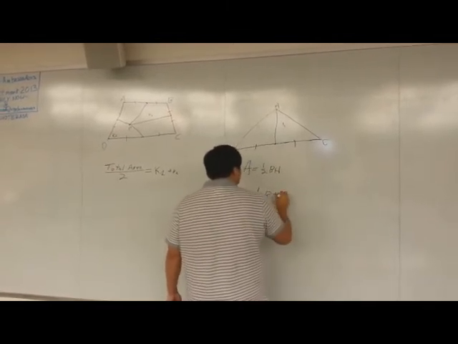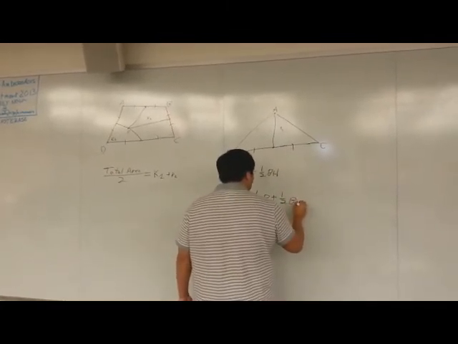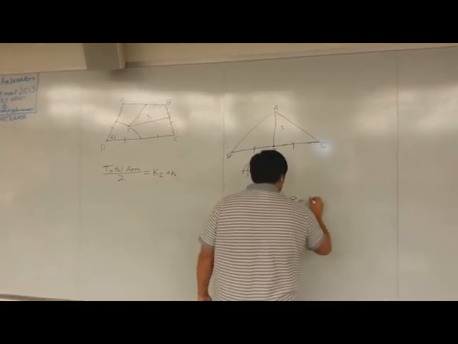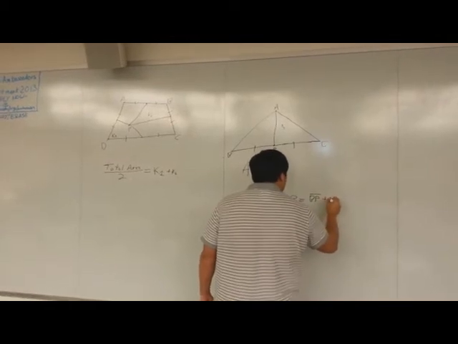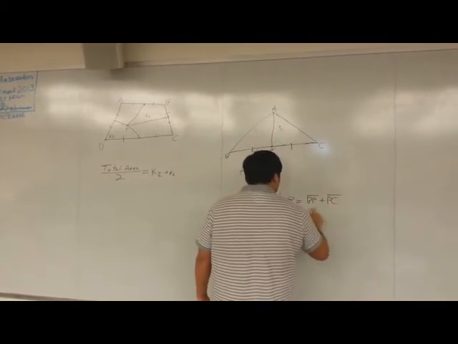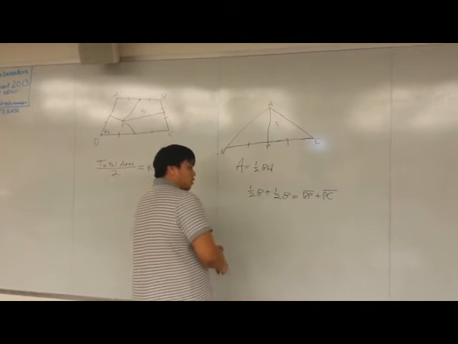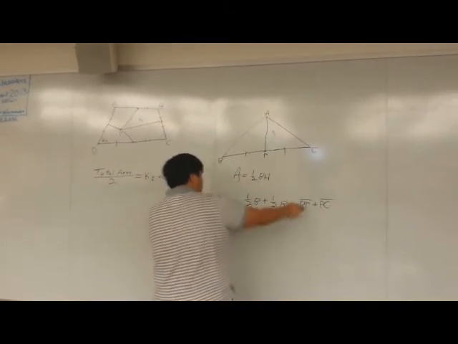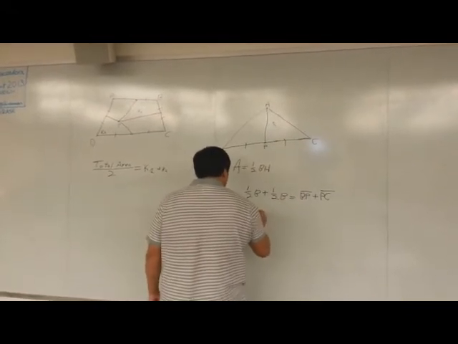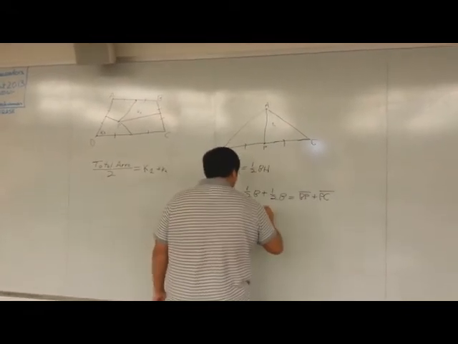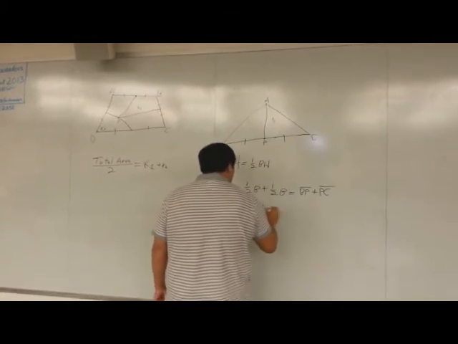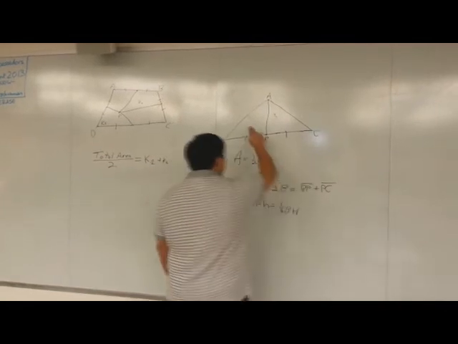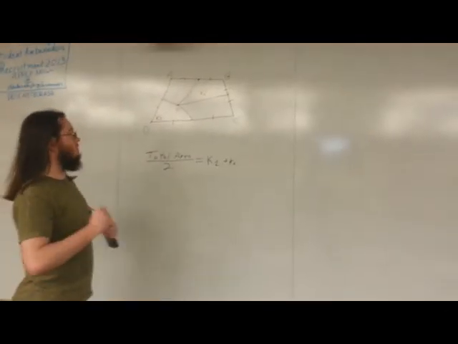Because if you add up both of the lengths together, I'm going to call this point P, BP plus PC, these are congruent to each other. So if I were to take part of this, which is just BP, and multiply it by the height, H, I would get a quarter of the base times height for both of these triangles. They share the same height.